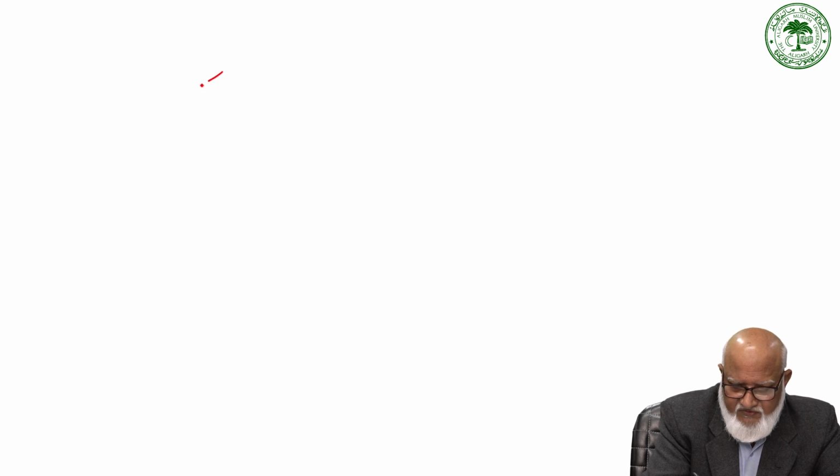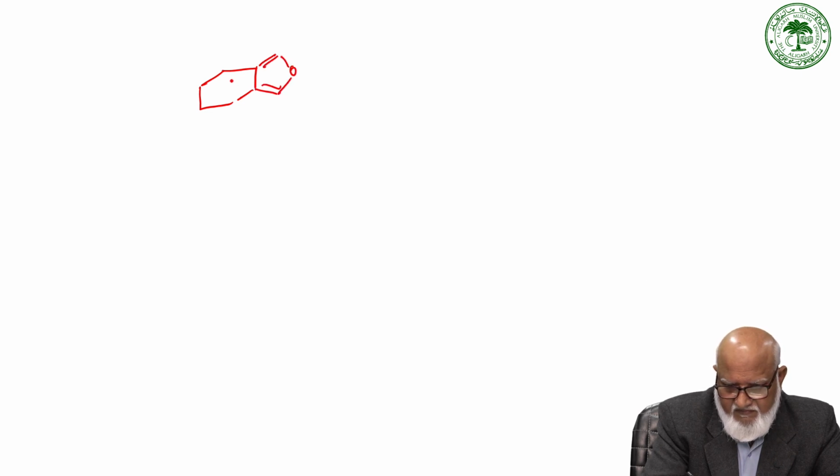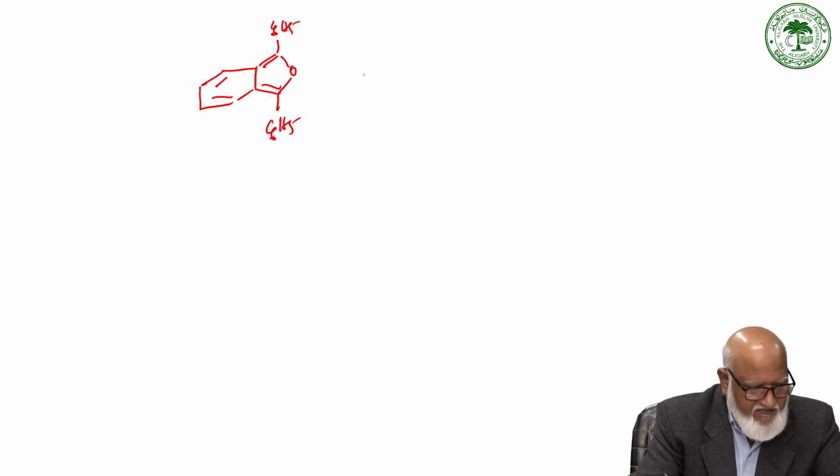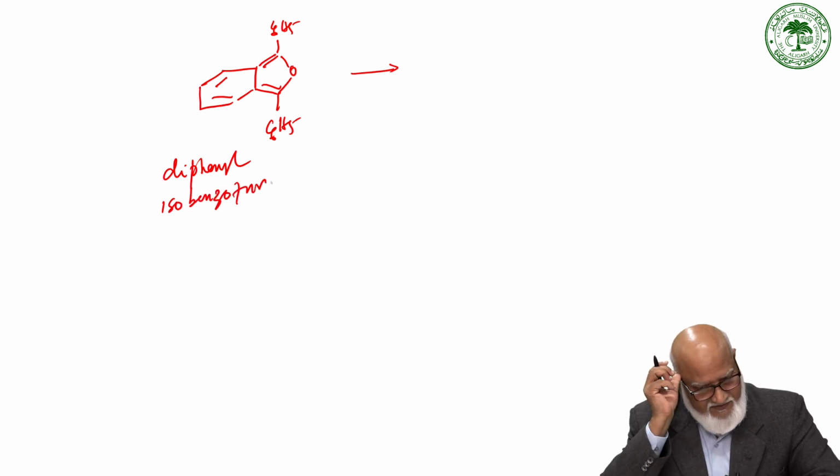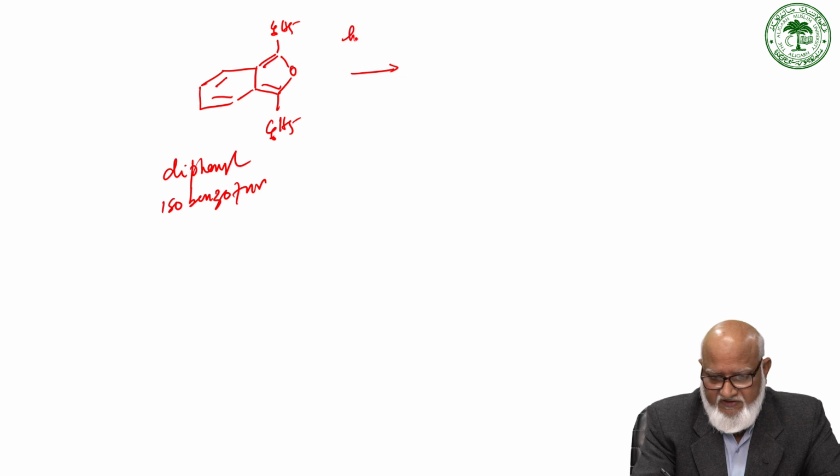Here we have diphenyl isobenzofuran, with C6H5 groups. Of course the condition is h nu, oxygen, in the presence of dye generating singlet oxygen.